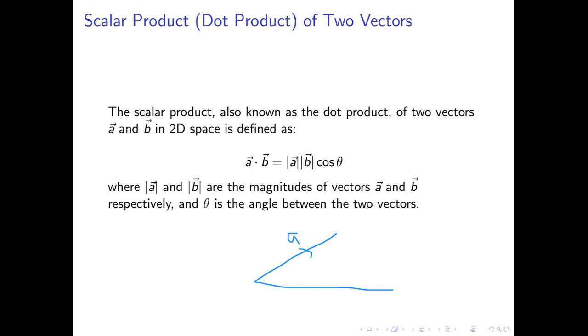Call this vector A. Call this vector B. All right. The dot product of these two vectors A and B would be the magnitude of A times the magnitude of B cos theta. This angle is the angle between the two vectors. All right. So this is what I want you to understand by scalar product.